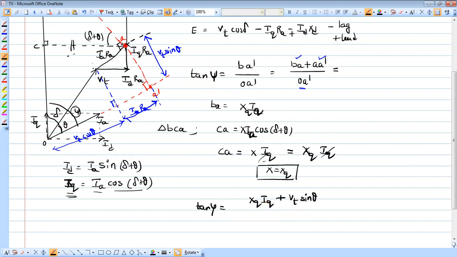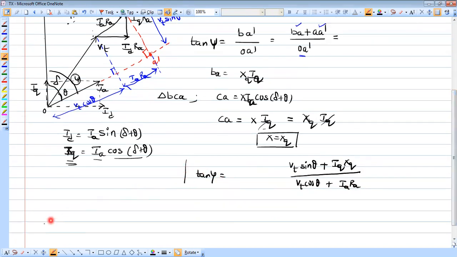And instead of writing like this, I'll write VT sine theta plus IA XQ. Then it will be helpful for us. Here this is the OA dash. OA dash is equal to VT cos theta plus IA RA, this distance. Okay. So this will be our tan psi. So tan psi is equal to this one.